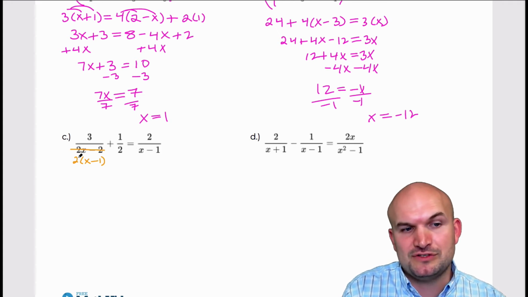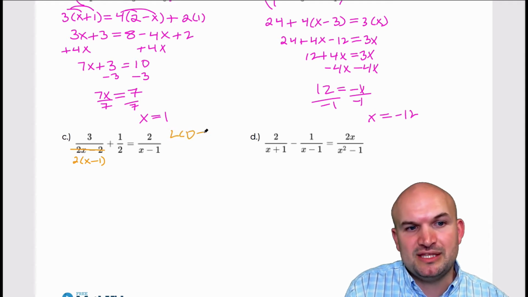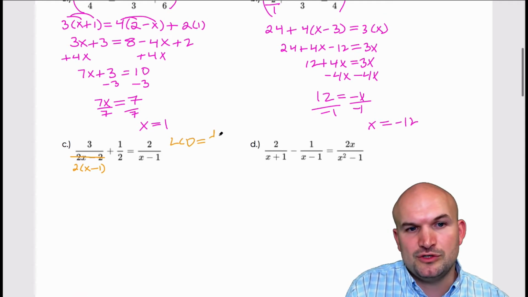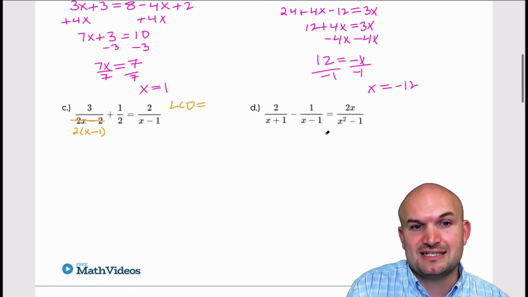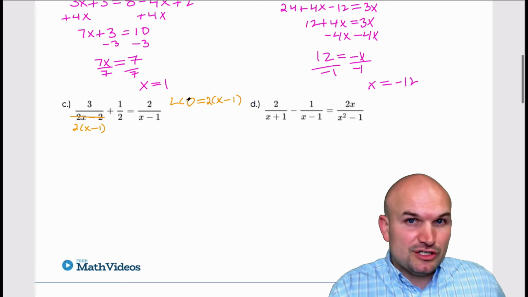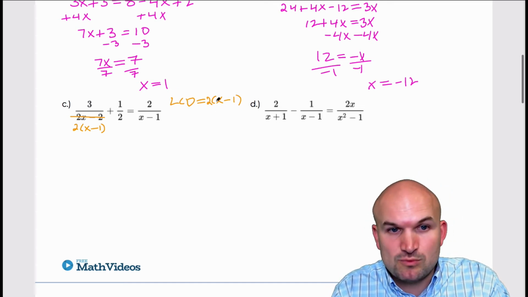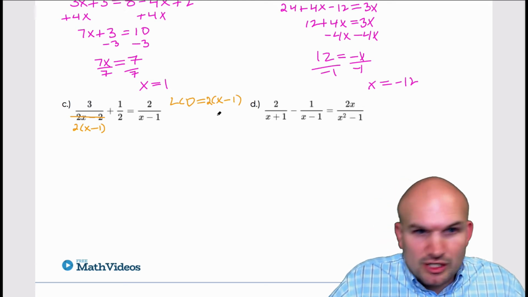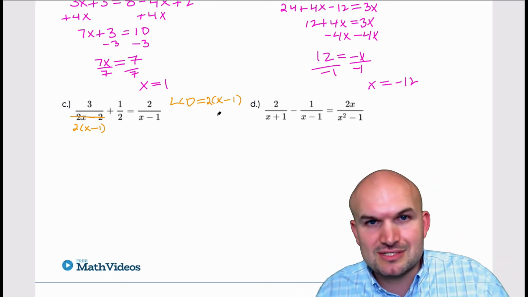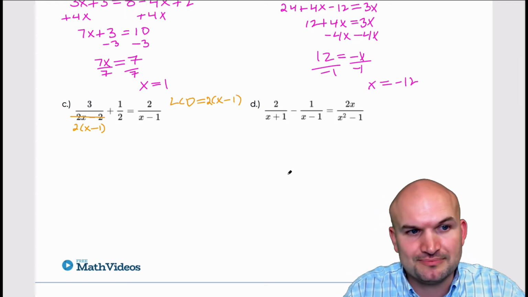I see here I have 2 times x minus 1, a 2 and an x minus 1. So my common denominator is just going to be the product of 2 and x minus 1. And again, you can check your work. Does 2 divide into this? Yes. Does x minus 1 divide into that? Yes. You could use long division to check that, and you'd see that each one evenly divides into that expression.